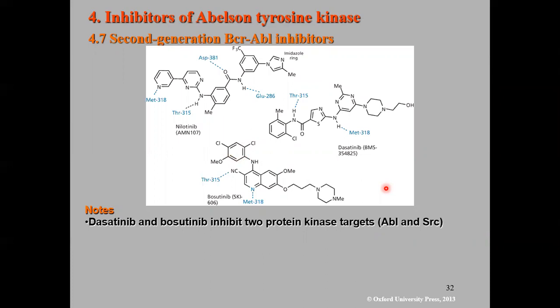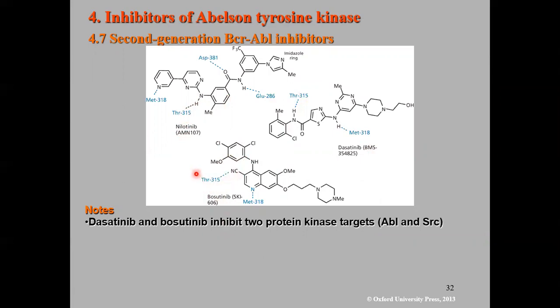okay? Because as you can see from these figures, all of those, nilotinib, dasatinib, and bosutinib, all of them have that important interaction with threonine 315. This one, and even this one, okay?